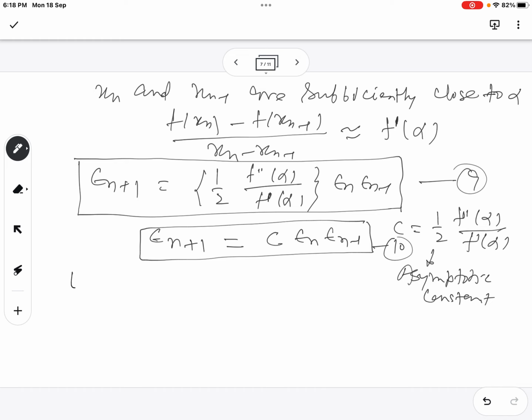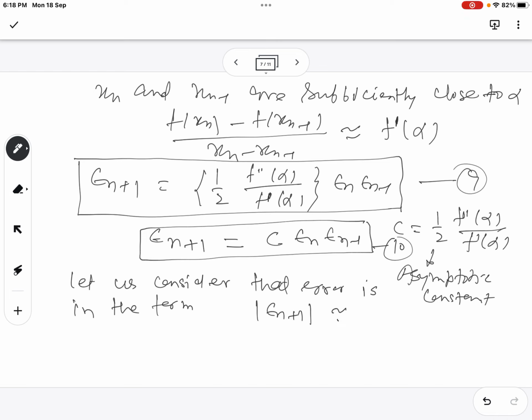Let us consider that the error is in the form that the n plus 1th error is approximately equal to some constant times the alpha power of nth error.